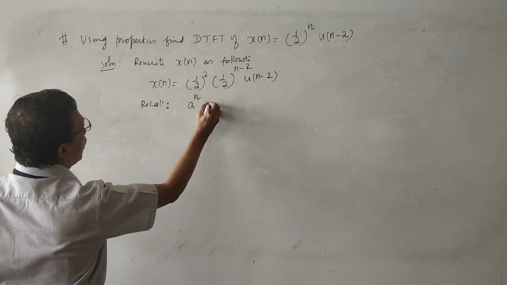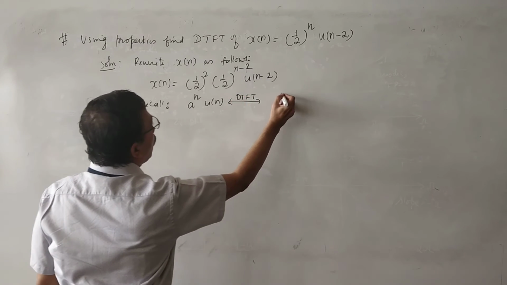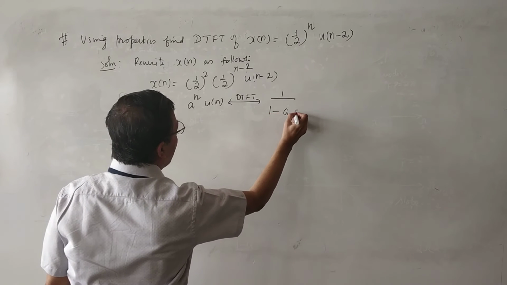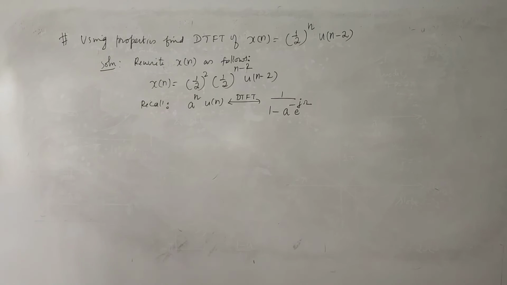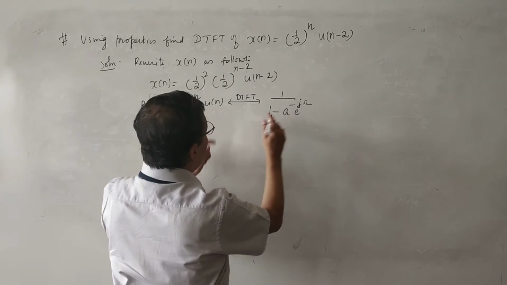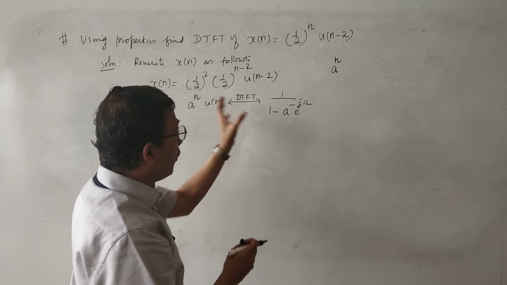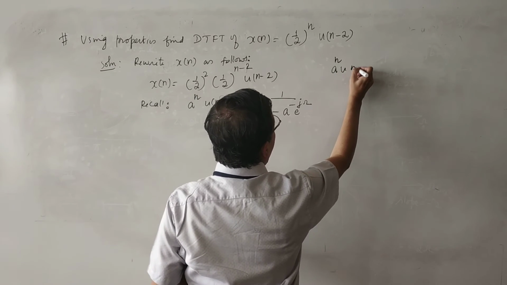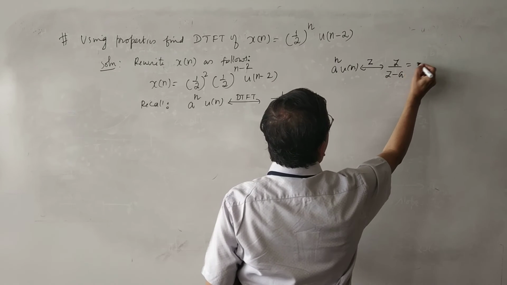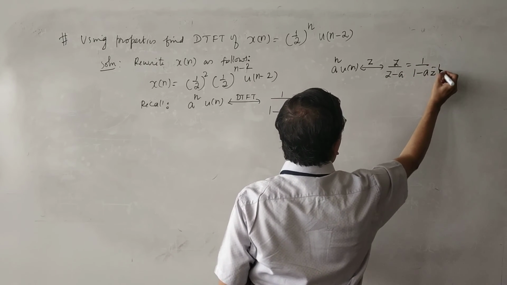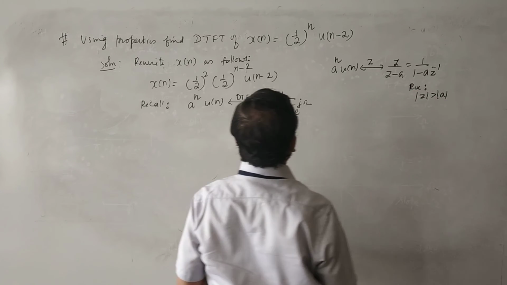Recall, a to the power n into u of n has a discrete time Fourier transform 1 over 1 minus a into e to the power minus j omega. If you want to remember this result, I will correlate it with that of the z transform. a to the power n into u of n has a z transform z divided by z minus a equals 1 over 1 minus a into z to the power minus 1, provided the ROC says mod z greater than mod a.